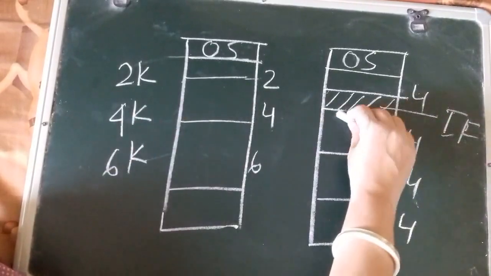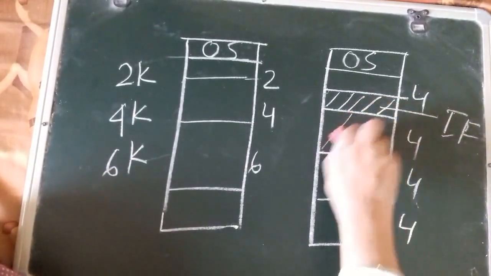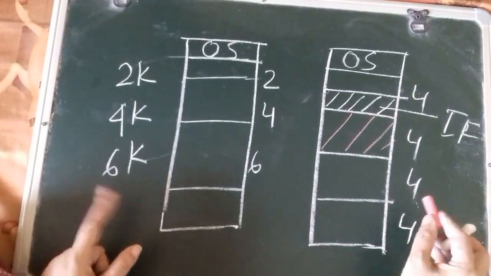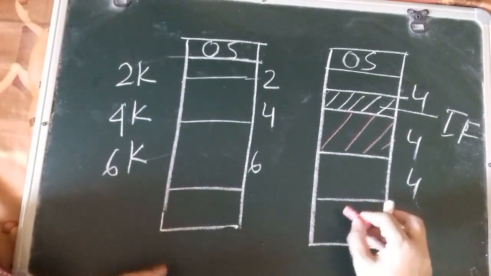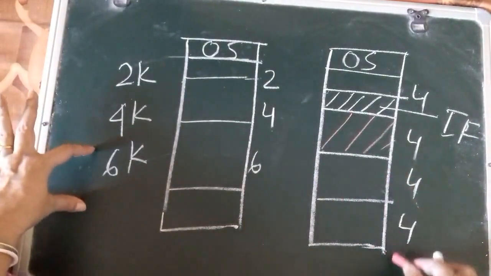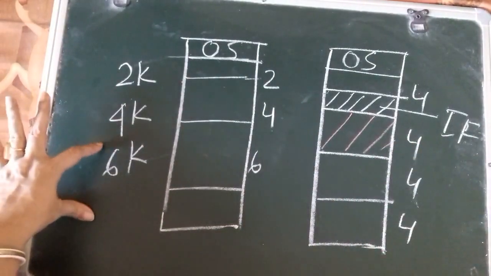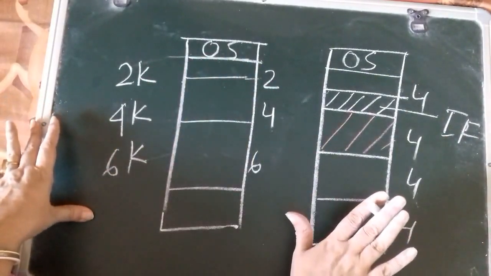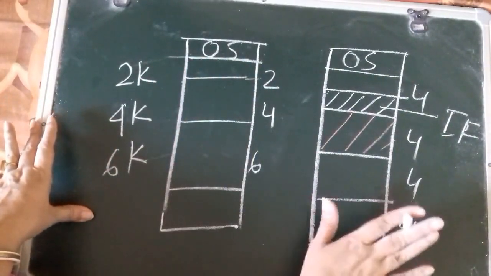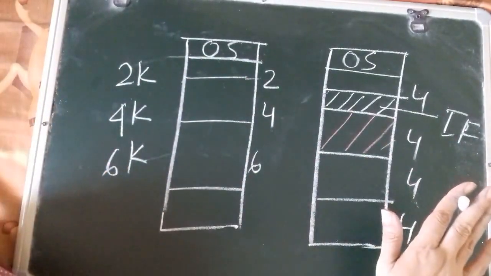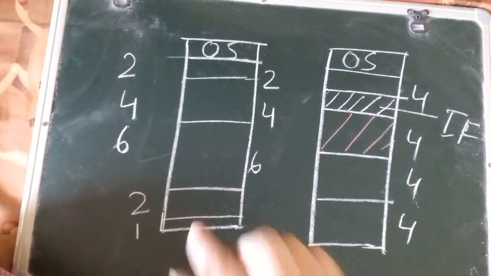Next, 4k will completely occupy its partition, so there will not be any internal fragmentation. Then when 6k comes, what will be the situation in fixed partition? We cannot accommodate it because we cannot break the program. So this is the advantage of variable partitioning, or dynamic partitioning, over fixed partitioning.